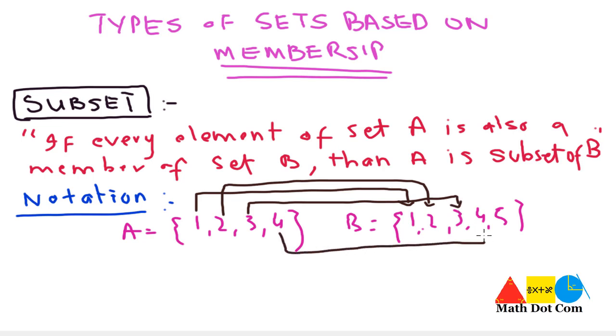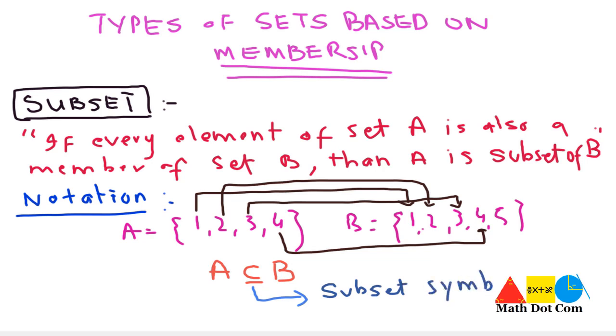And 4 is also here. It means every element of A is in B. So here we get the concept of containment or inclusion. It will be represented as A is the subset of B. So this is called the subset symbol. A very important concept. So A is the subset of B.